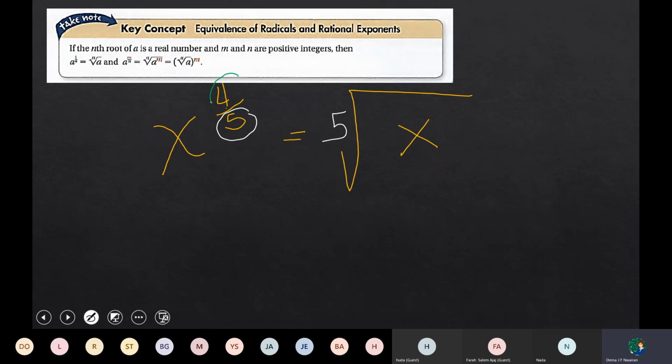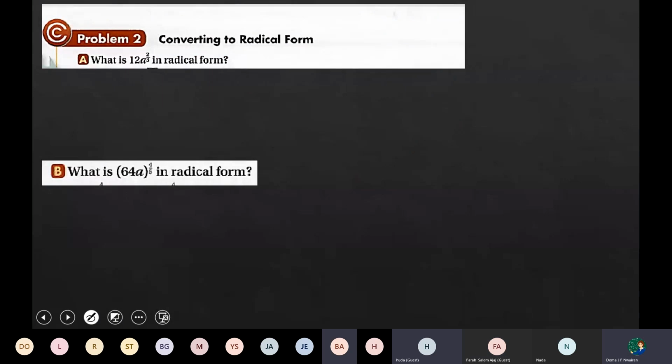And the number that is written up, put it down. Is it clear? Yes, teacher, thank you. You are welcome. Now let's try to have some examples.